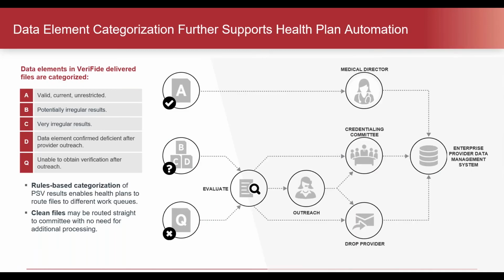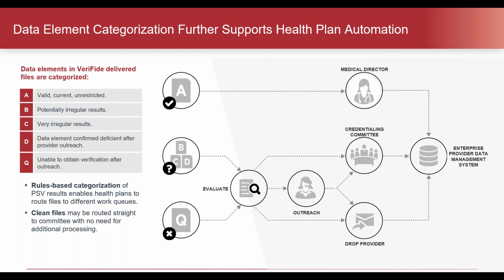Now, it's not just getting you the right data, but helping you take advantage of that data in the most efficient way possible. So we categorize the data elements that help to support plan automation. We can tell you whether or not the data is valid, current, unrestricted, if there are irregular results, or if there are potentially very irregular results.